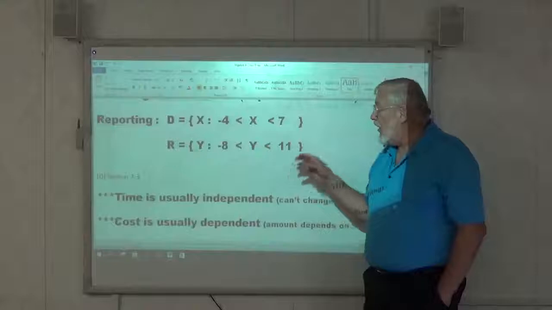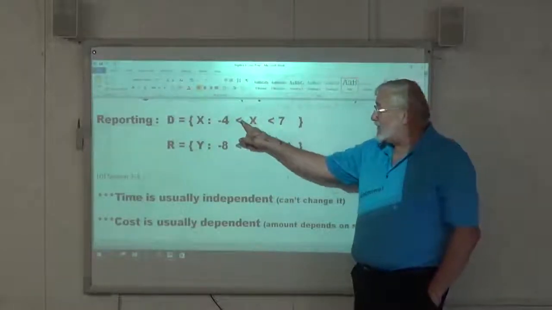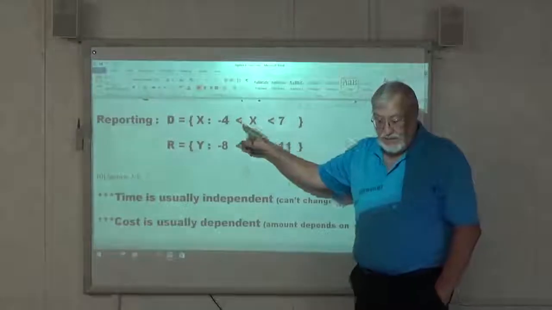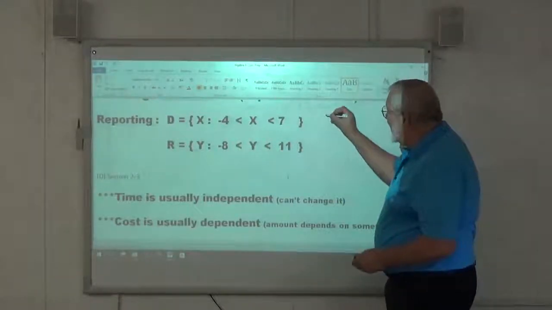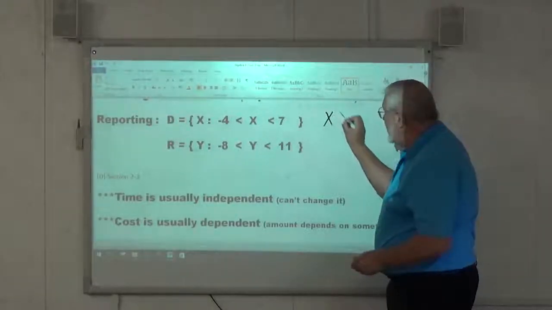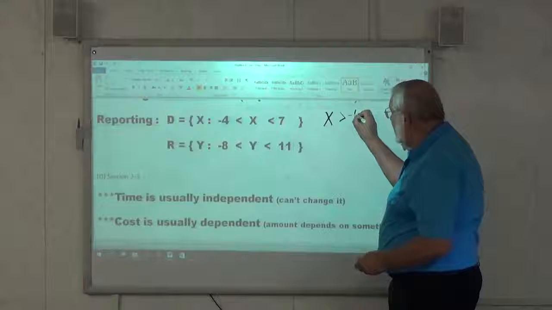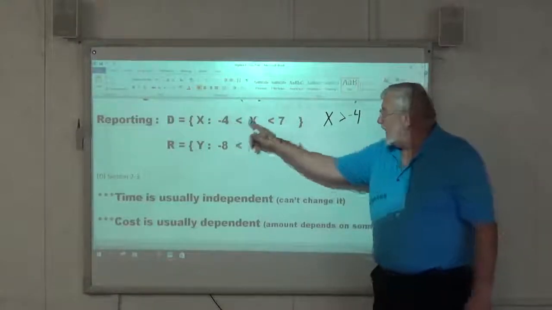And later on, when we want to flip this, if I want to say x is greater than, what I'm going to have to do is write x is greater than -4. X is bigger than -4.